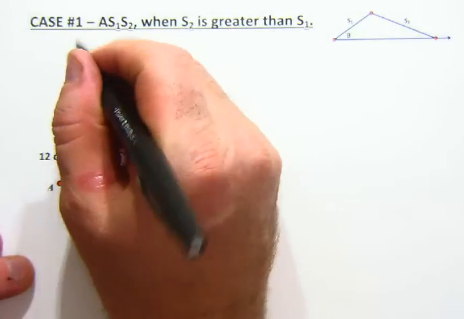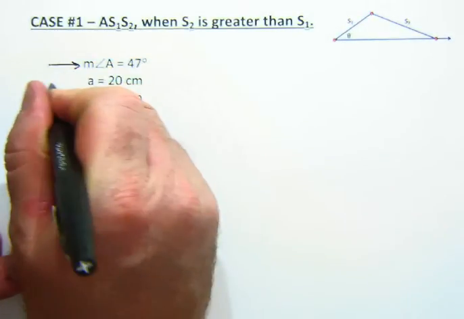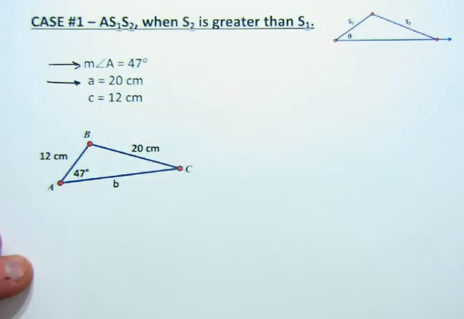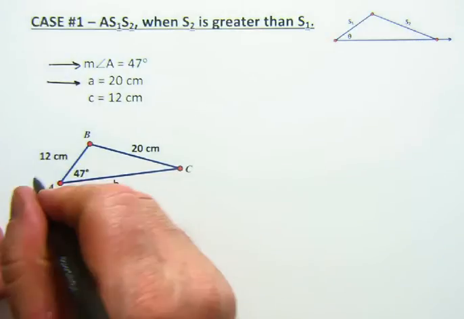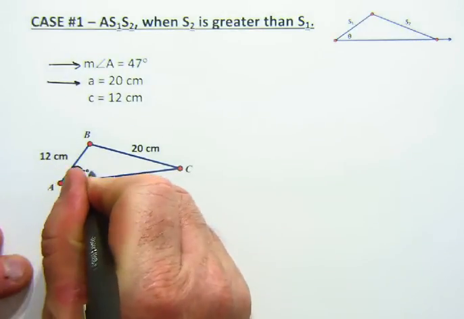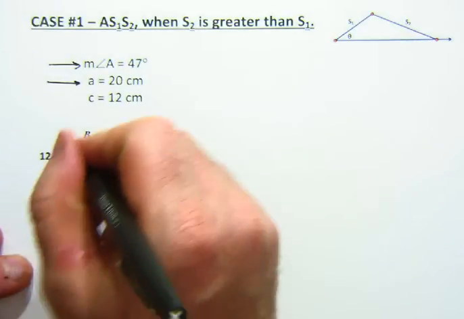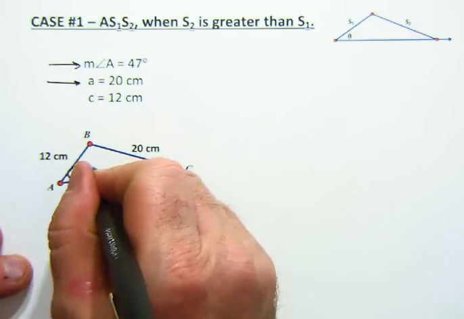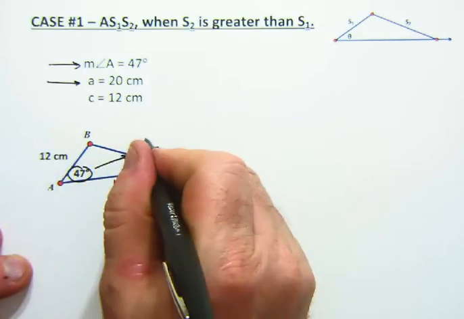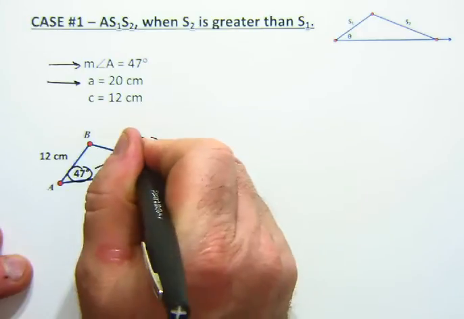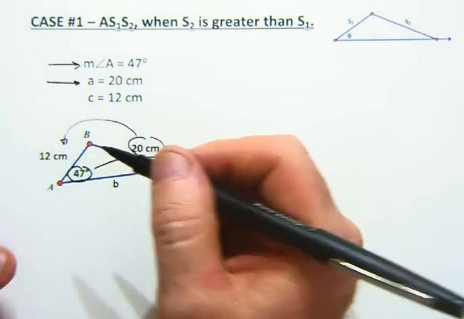All right, the first thing you want to do is look at the relationship between the angle and the second side. You'll notice that if this is our angle, which is A, then side A will be the second side. And notice that it is larger than side 1.